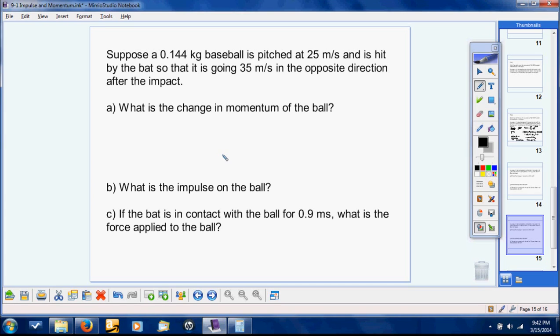And then part A, what is the change in momentum of the ball?